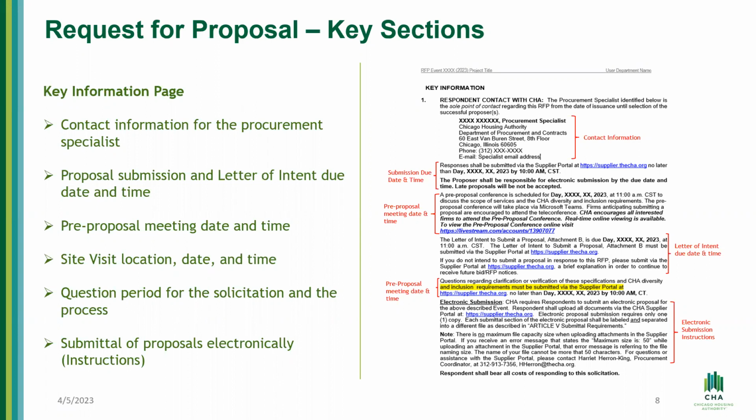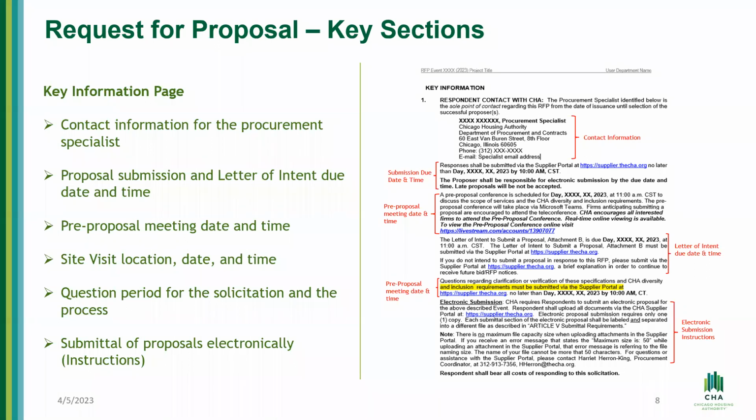So CHA is not accepting physical proposals at this time, so you should submit the proposal through the supplier portal. And again, register on the supplier portal, and this is a commercial. We have training next Monday.